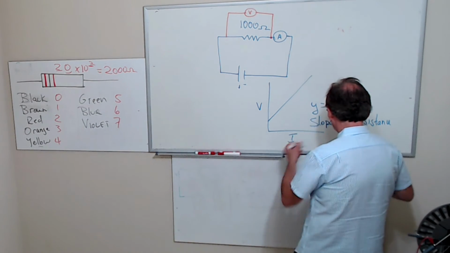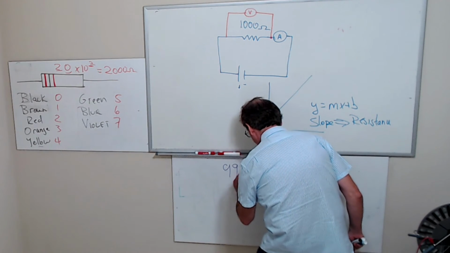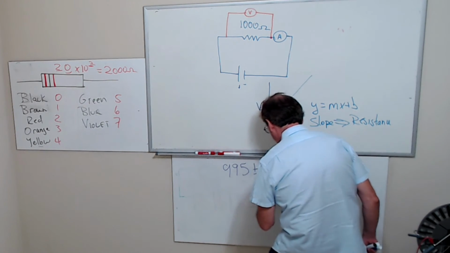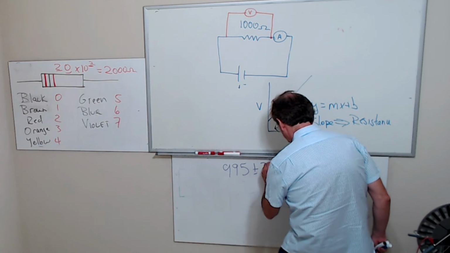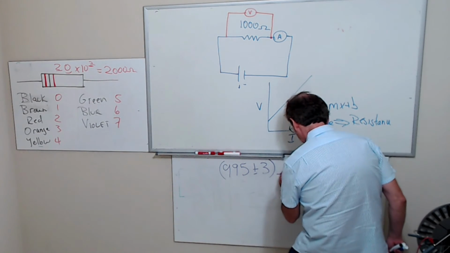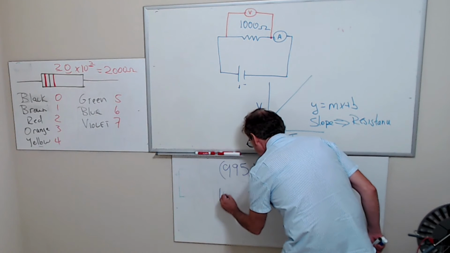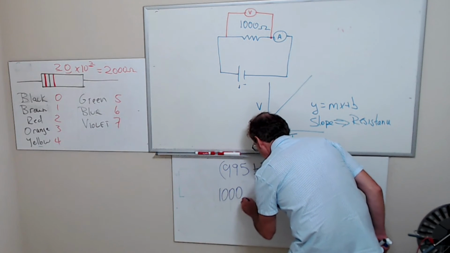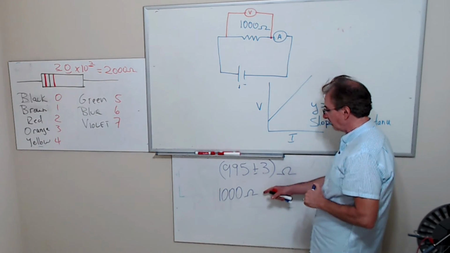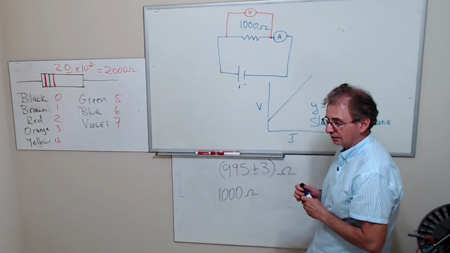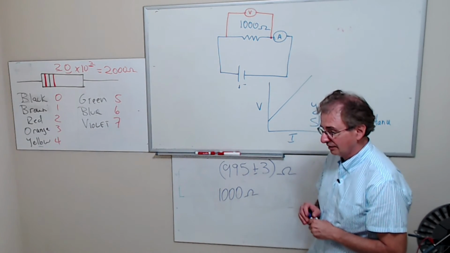So let's say the slope gives me a value of 995 plus or minus 3 ohms. And the color code is 1000 ohms. Does my measurement agree with that color code value?